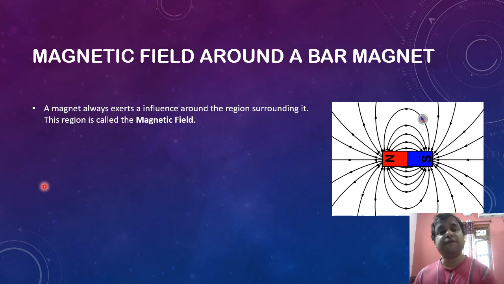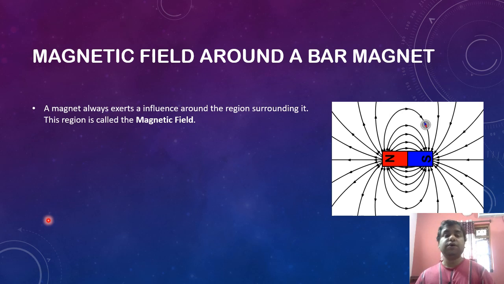As you move it away, the force reduces all around the magnet at that particular radius. Let's say you move it from 2 to 3 centimeters, the attractive force will weaken. From 2 to 1 centimeters, it will be the strongest all around the magnet, not just at one end of the magnet.